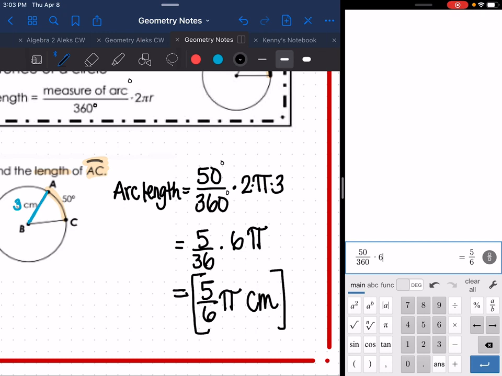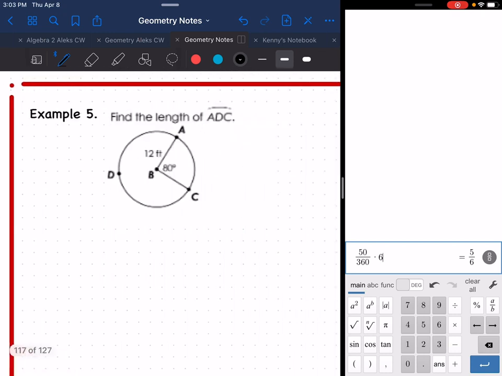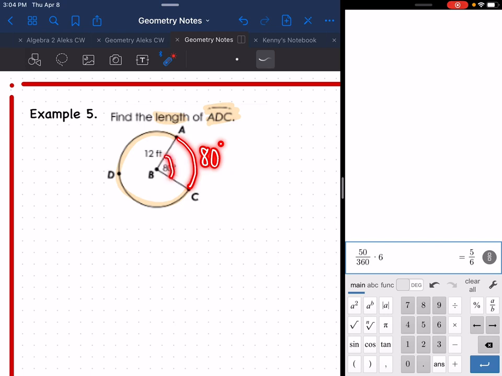Let's try one more. I'm going to leave my calculator up because notice it does ask me to find the length of ADC. I'm going to follow them in order from A to D to C. Now notice what they've shown me here. They have shown me that this arc is 80 degrees because this angle is 80 degrees. I don't know how many degrees this arc is.